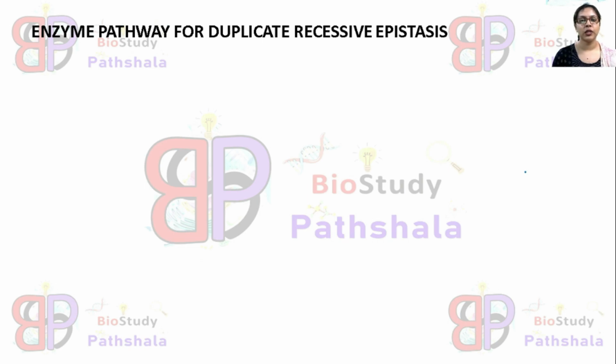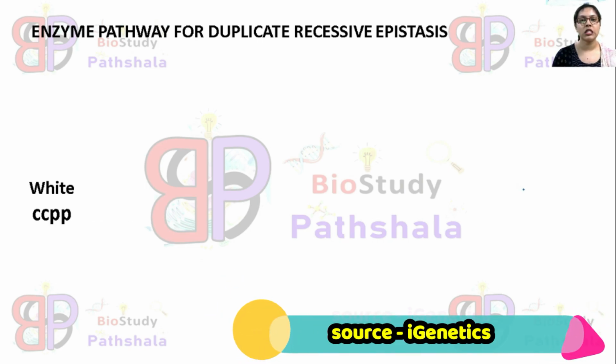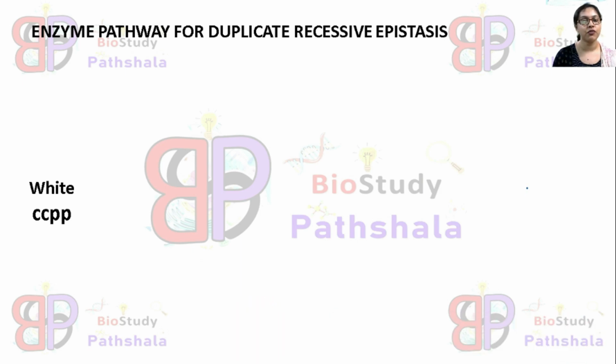In this pathway the basic color is white, which is coded by small c, small p. That means all homozygous recessive forms of C and P gene lead to formation of white color. Now this white color is modified to again white color. This is an intermediate color, which is coded by capital C dash small p, and this transition occurs due to presence of E1 enzyme.